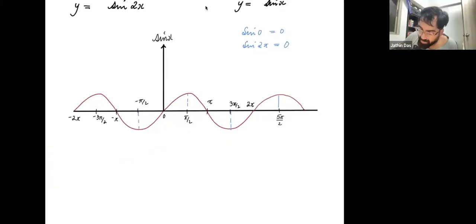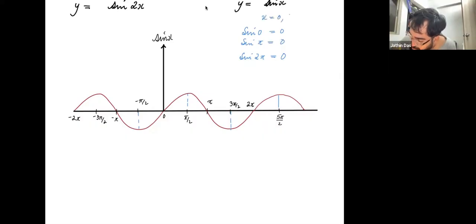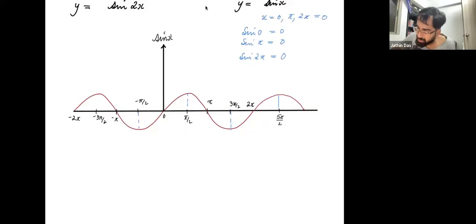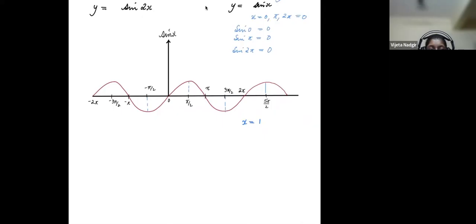So where all is it becoming 0? At 0, pi, n pi. So x is equal to 0, pi, 2 pi, it's becoming 0. Then where all is it becoming 1? At (2n minus 1) pi by 2.